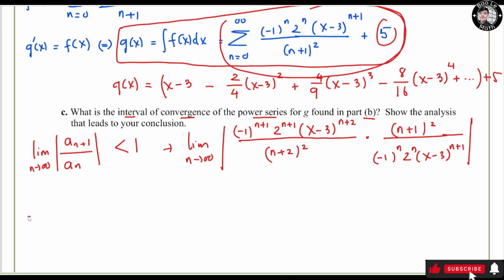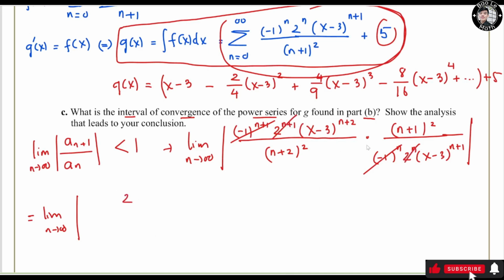Now we're going to simplify this one, so it's the limit when n approaches infinity of the absolute value of this. The negative 1 factors cancel out, leaving negative 1, and when you take the absolute value it's positive. Now 2 raised to the n plus 1 over 2 raised to the n gives 2 on the top.